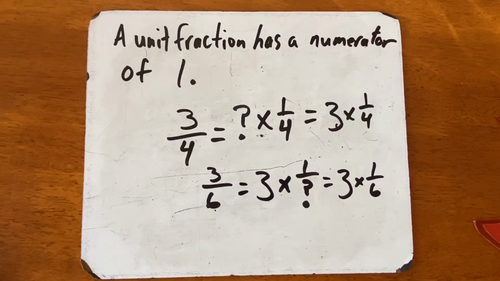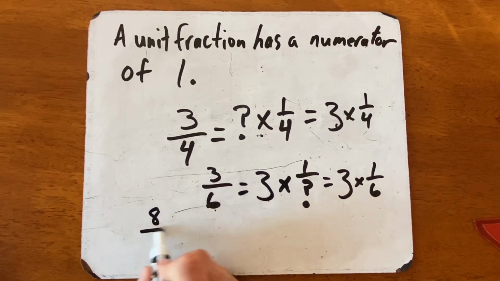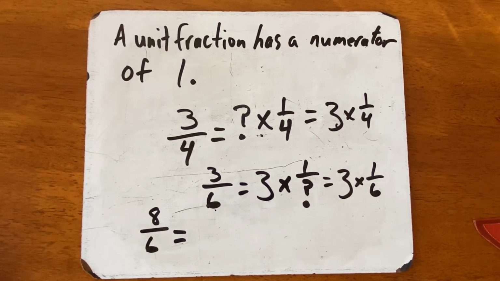That's pretty much it. How about one more? So let's say they give you 8/6. How could I write that with unit fractions as a multiplication problem? Well, remember, unit fractions have a numerator of 1. So if the denominator is 6, what does my unit fraction have to be?